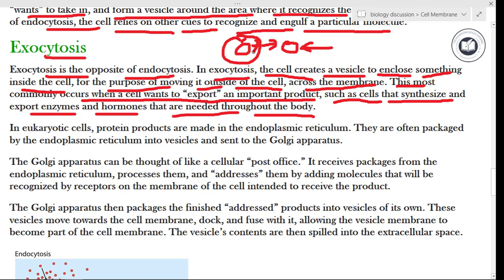From inside, they cross the membrane and the vesicles are released outside of the cell, to be utilized by our body.